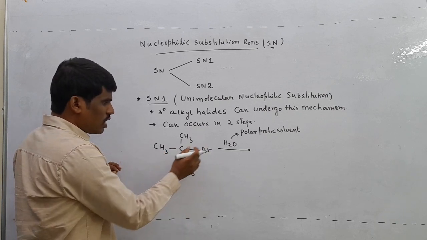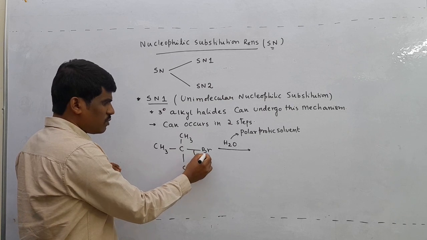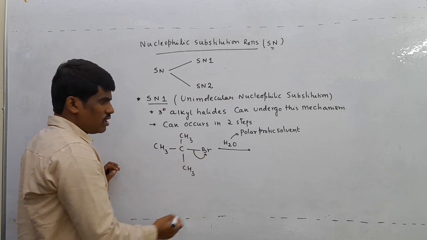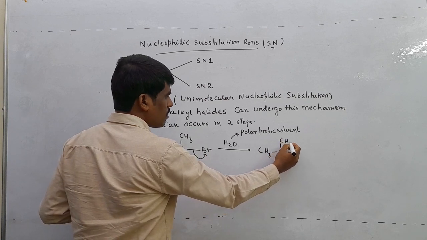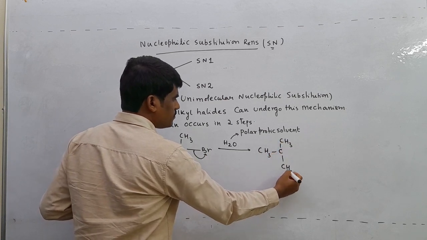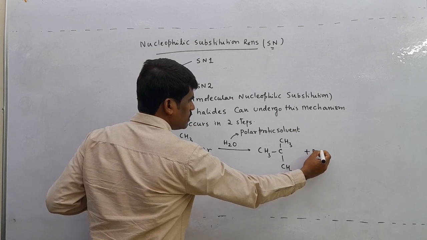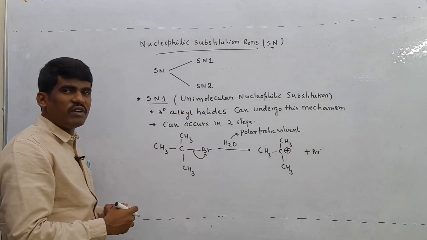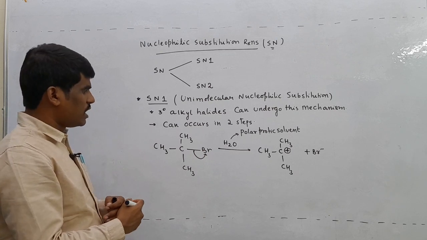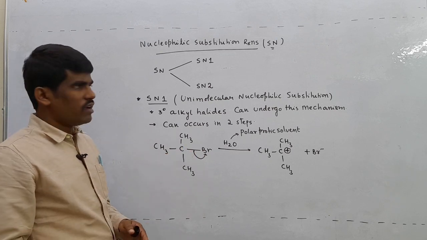Bromine is more electronegative. If you break this bond with the help of polarization, carbon gets a positive charge and Br gets a negative charge. So Br is leaving from the carbon and hence it is a leaving nucleophile.